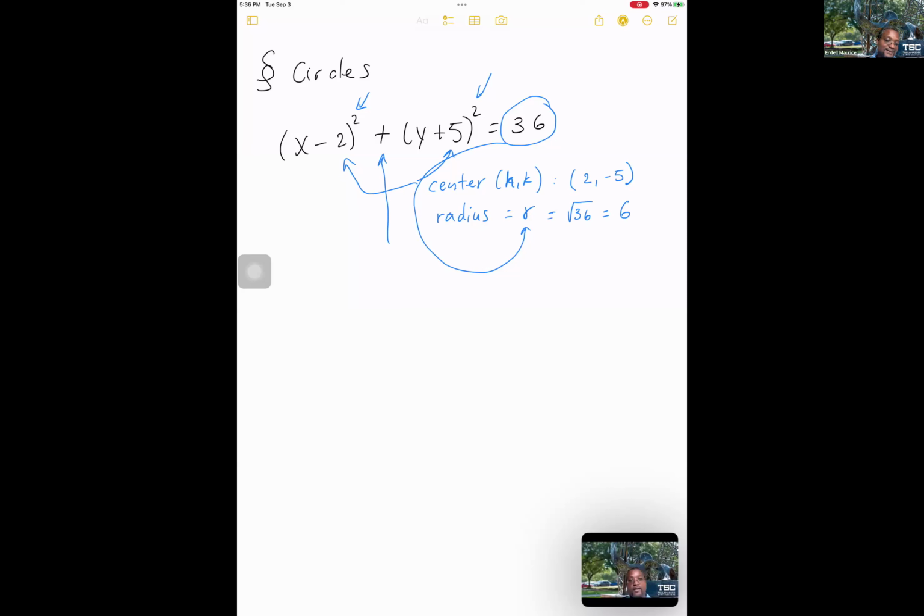Okay, so the last thing that we had to cover today was that sometimes, unfortunately, the equation of a circle is given in the general form, not the standard form. Remember, this right here is called the standard form of a circle equation.